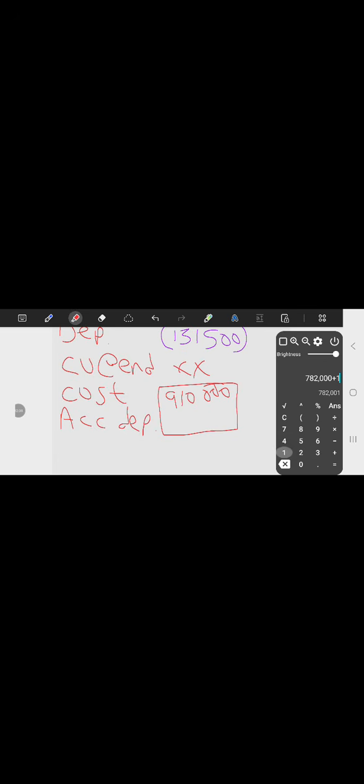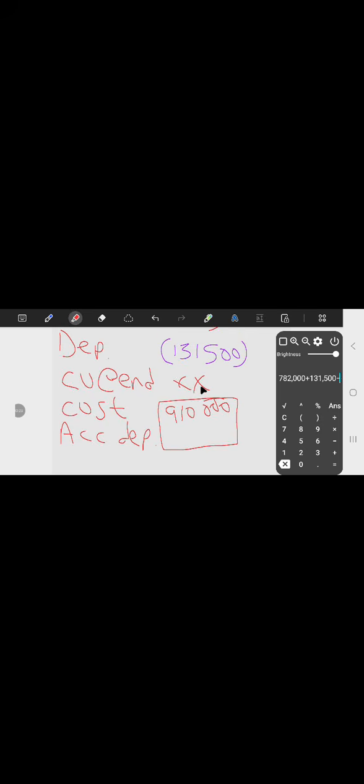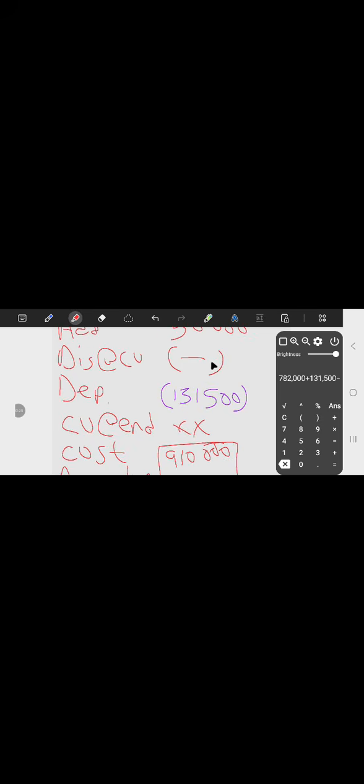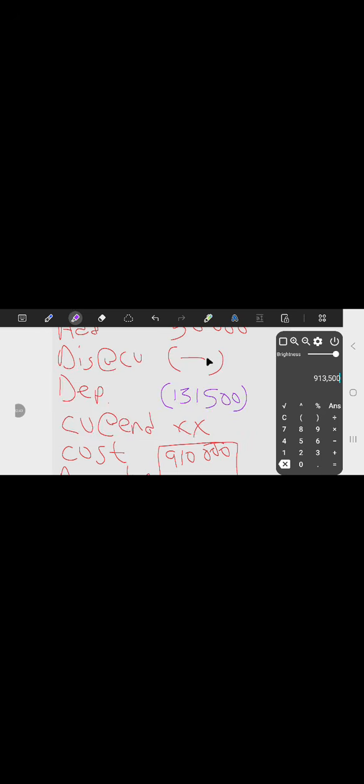Plus 131,500 minus depreciation for the disposed. We didn't dispose anything. Minus 0 is equals to 913,500. Right. We're just going to be putting it for now.